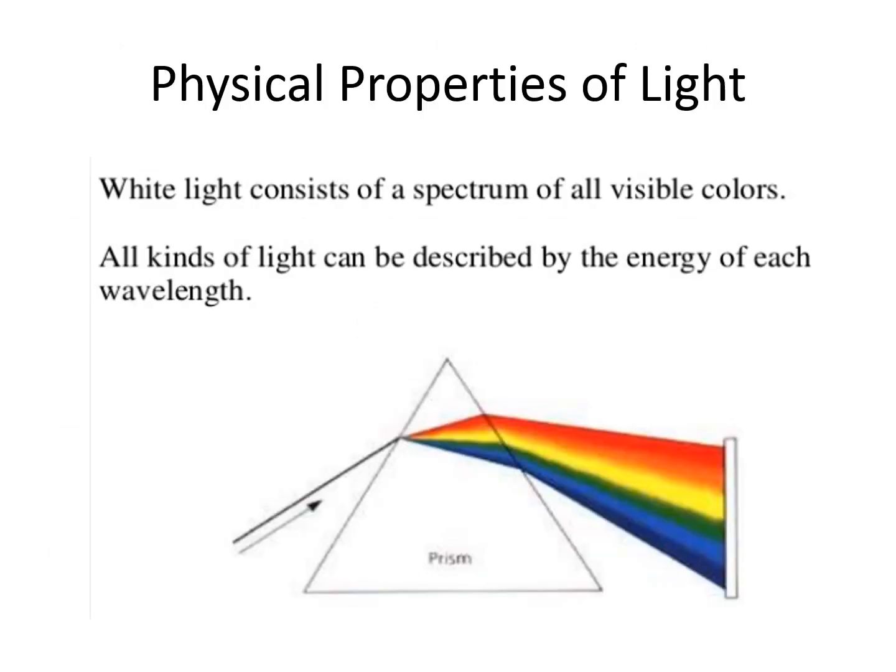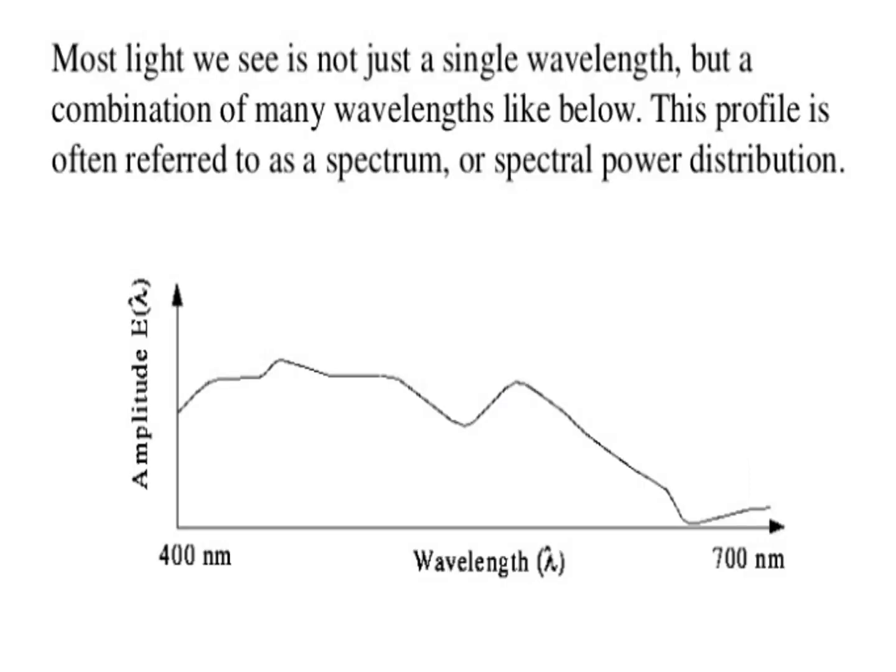I would like to remind you of the physical properties of light. White light consists of a spectrum of all visible colors. All kinds of light can be described by the energy of each wavelength. Most light we see is not just a single wavelength, but a combination of many wavelengths like below.